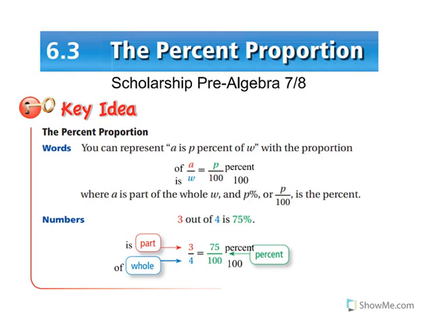One is the one that you're going to see over here that the book uses, where we use A over W equals P over 100.